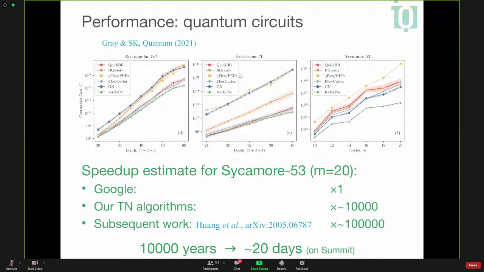So what does this mean? Does this mean that the claim is not valid? No, because it's still a very impressive feat, what they achieved. It's just that the way you contract your tensor networks when you're simulating quantum circuits can make a very large difference in performance. So this is the main benefit that you get.